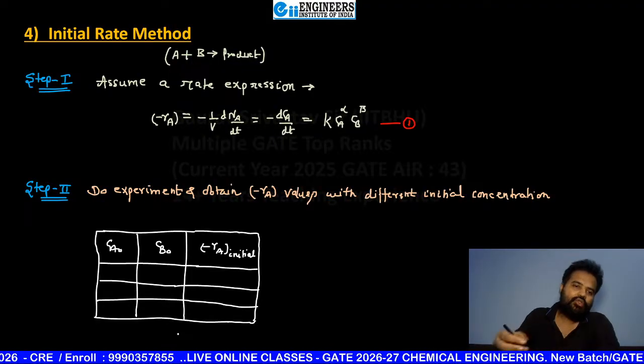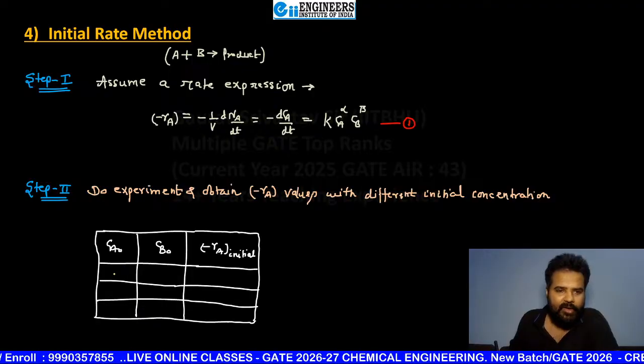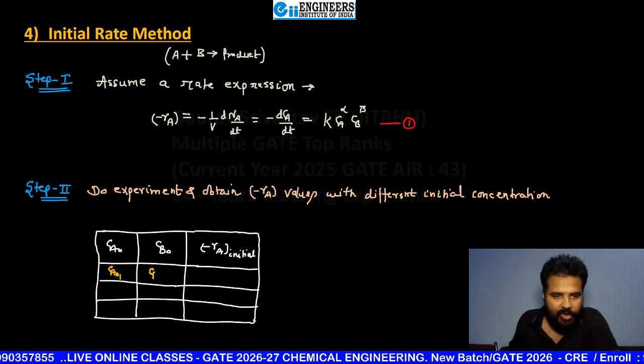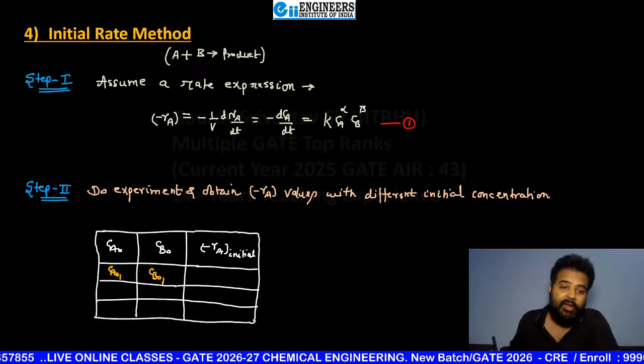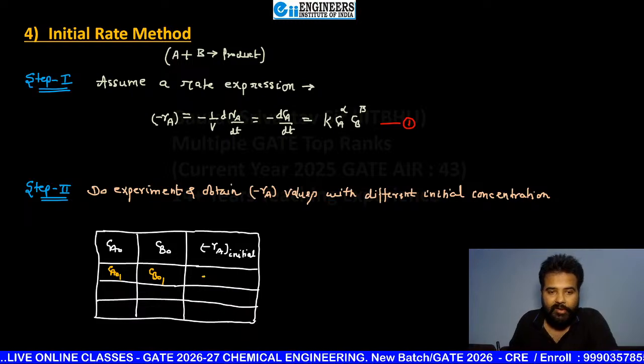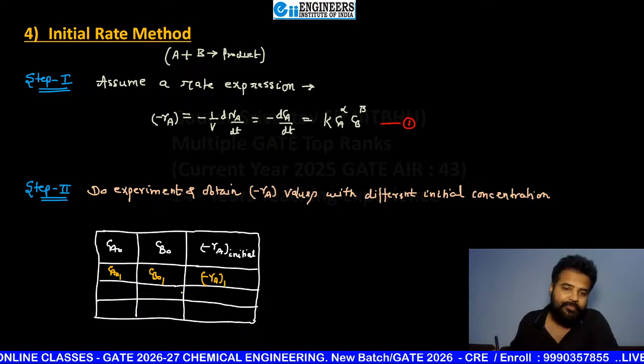So suppose first time you are doing one experiment, and you are taking initial concentration CA naught 1, and CB you are using CB naught 1, and the initial rate you just note down, and suppose this is RA1.